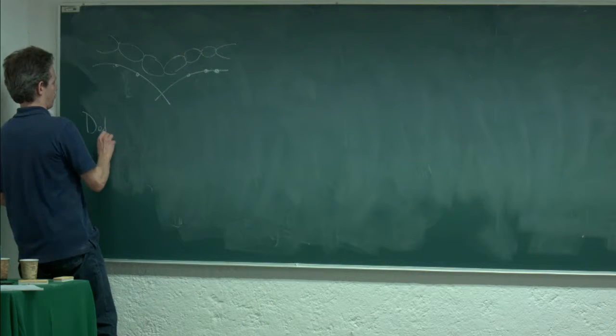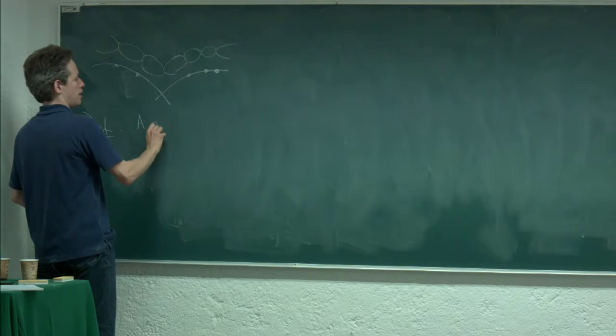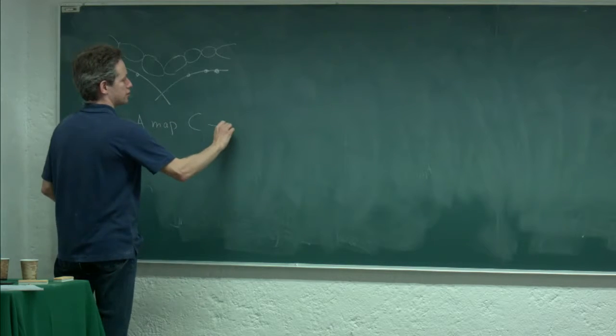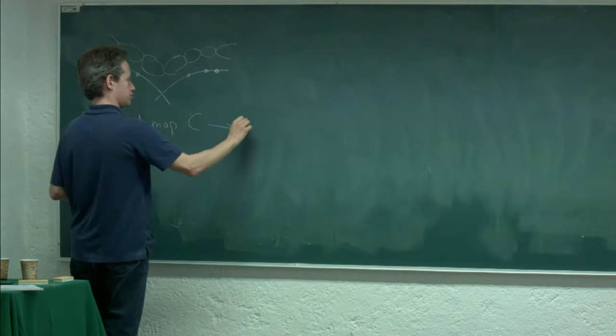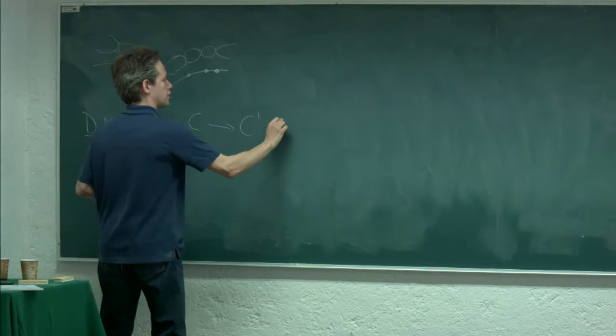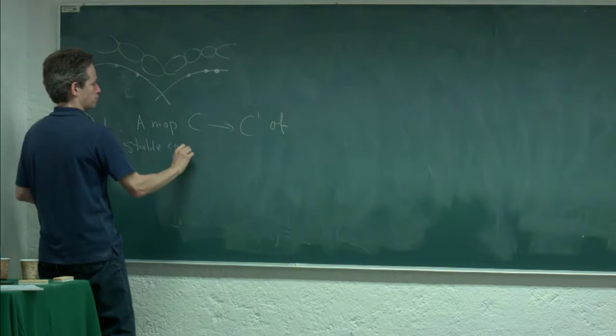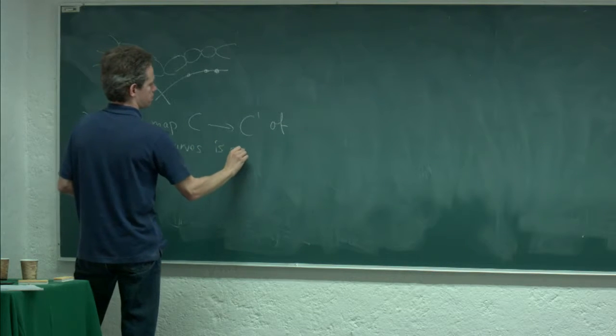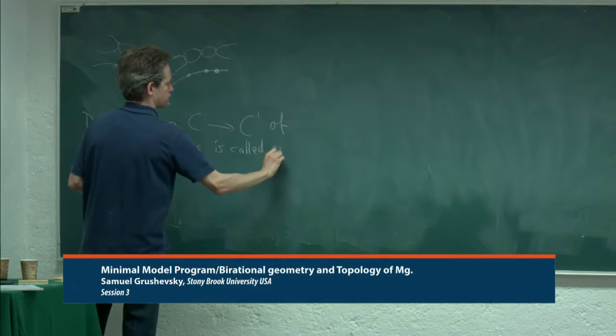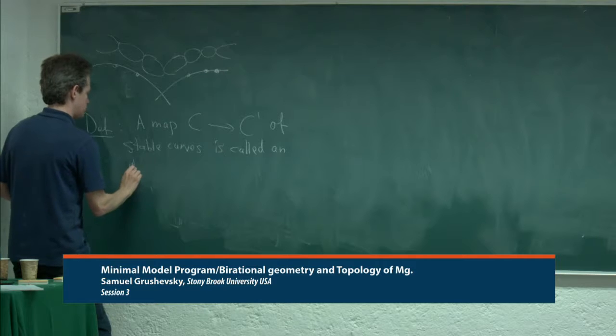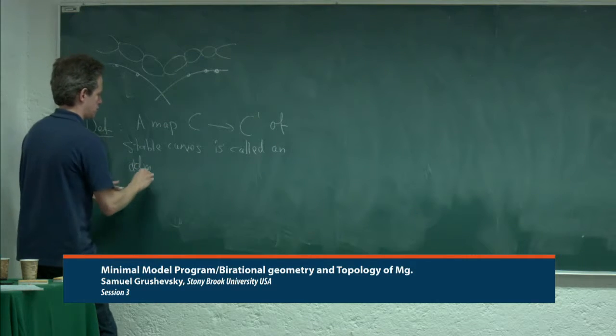Definition. A map C to C prime of stable curves is called an admissible cover.